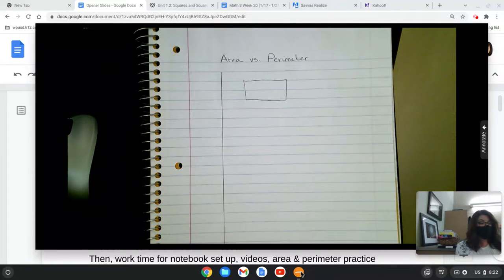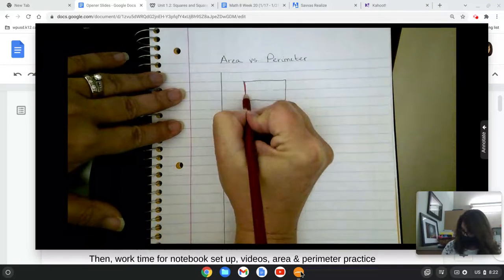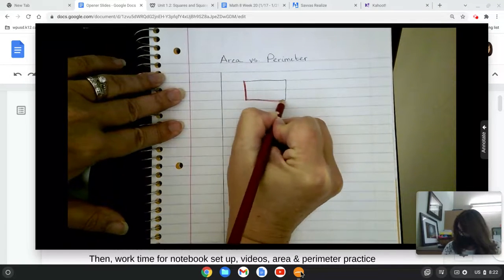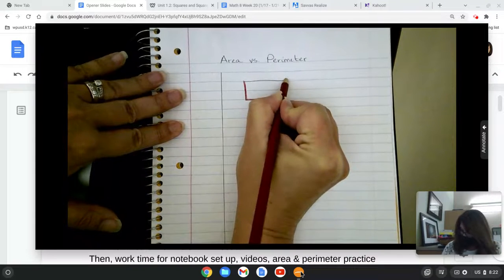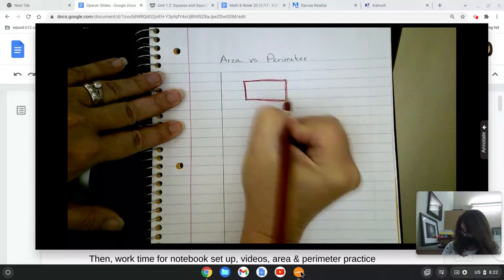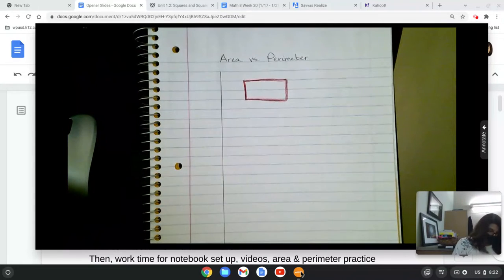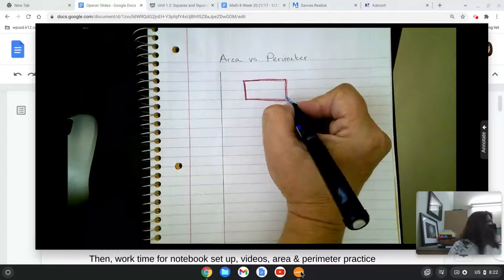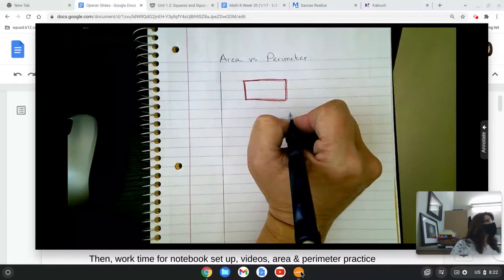Okay. I'm going to outline this in red, mostly because it's easy to see. If you are colorblind, I'm sorry. Okay, the outside. So you said the outside was called what?